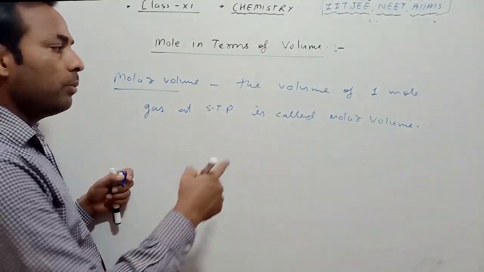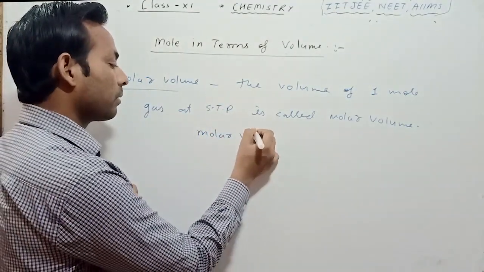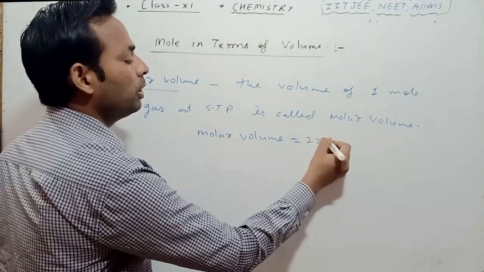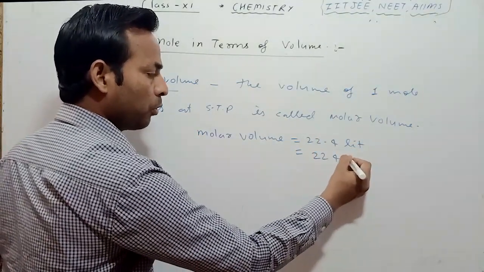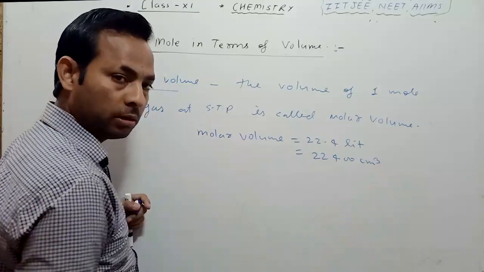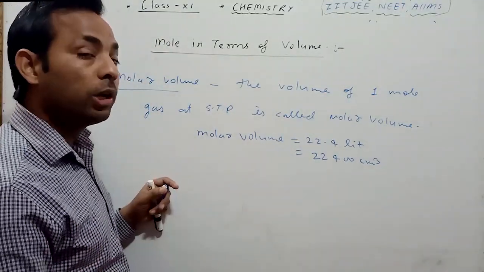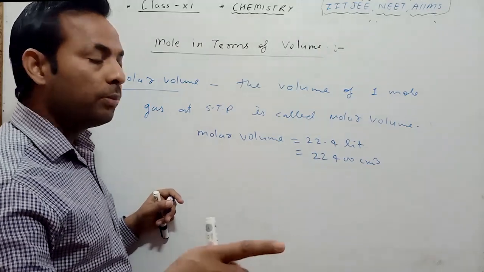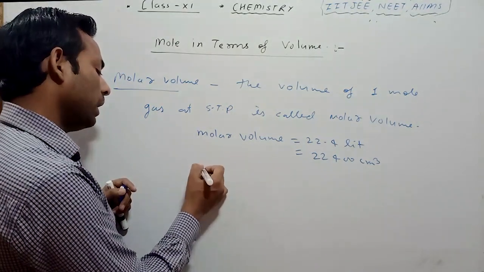Relationship between mole and molar volume. The molar volume is equal to 22.4 liter or 22,400 centimeter cube, ml. So we can easily correlate the number of moles and the volume.